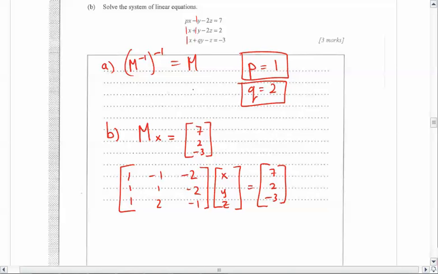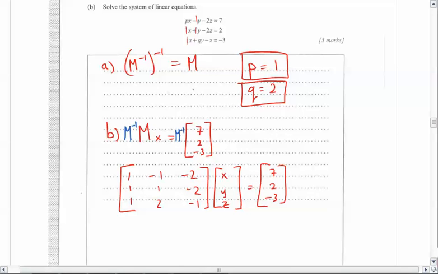So if I want to solve this equation for xyz, what I need to do is move the matrix over to the other side. And the way to do this is using the inverse matrix. The trouble with matrices is that the order is important. So if I want to do this, I need to take M inverse on both sides. And M inverse and M will cancel each other out.